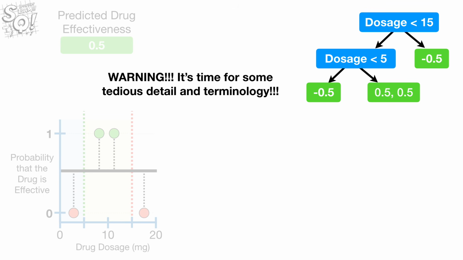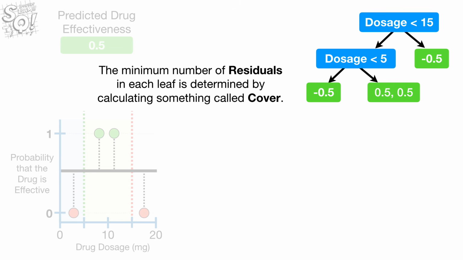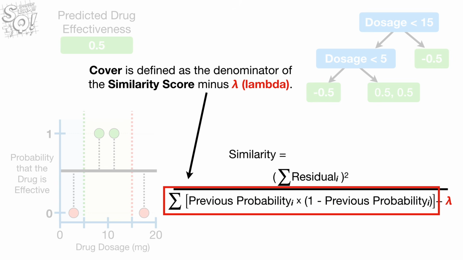Warning: it's time for some tedious detail and terminology. The minimum number of residuals in each leaf is determined by calculating something called cover. Cover is defined as the denominator of the similarity score minus lambda.